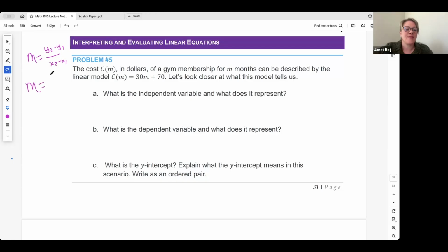This is the cost in dollars for months, so dollars per month. Once you can state the slope in units, then you know that y, the dependent variable, is in the numerator, and x, the independent variable, is in the denominator.